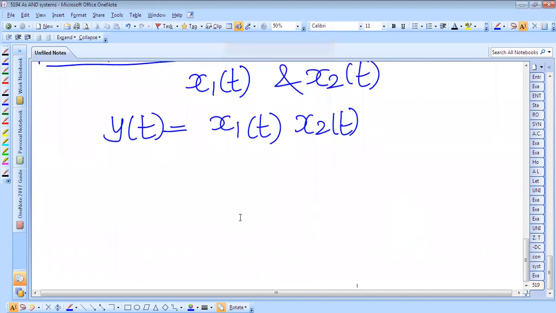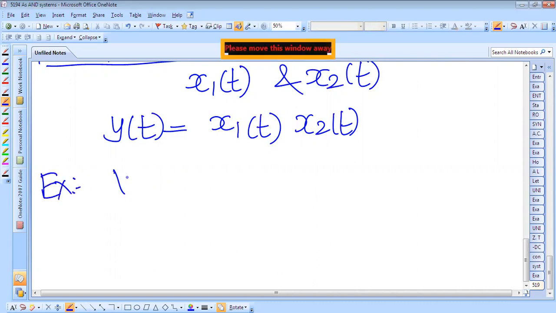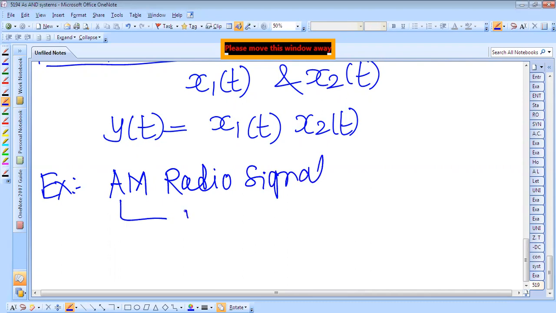The example for this is the AM radio signal. AM is amplitude modulation.